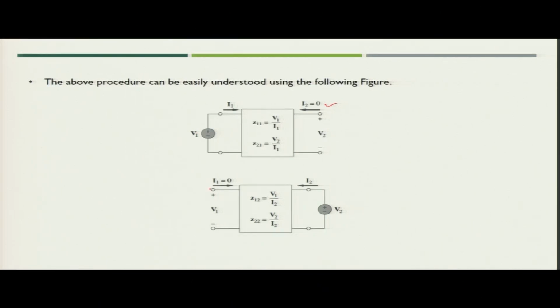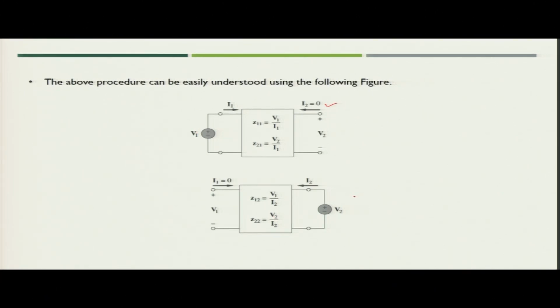Similarly, if you keep the input port open circuited, that means I1 equal to 0, then you will get the value of Z12 as V1 upon I2 and Z22 as V2 upon I2.